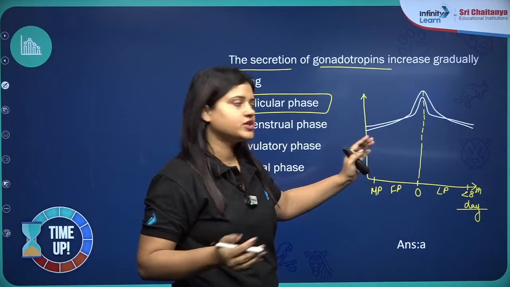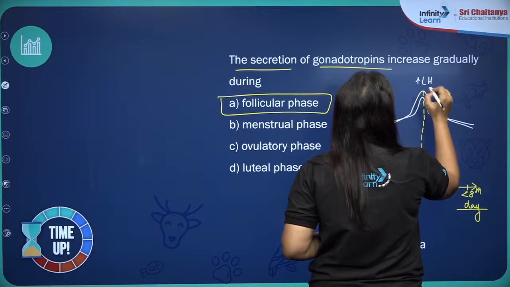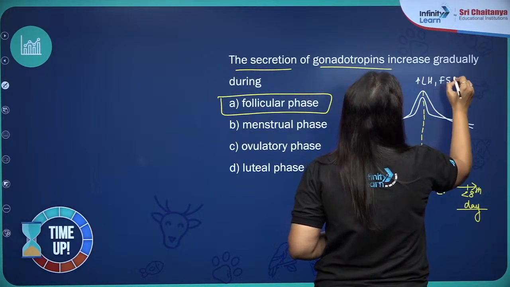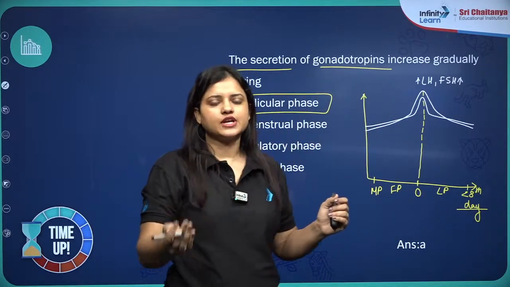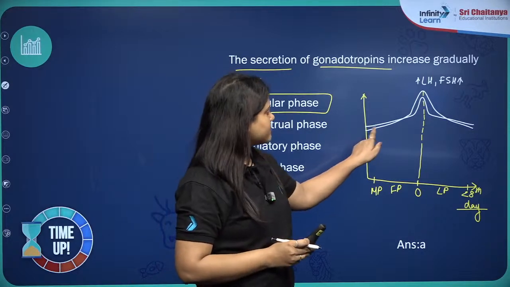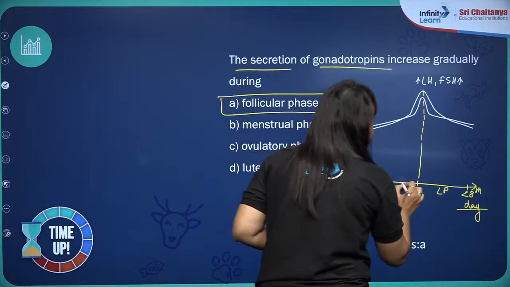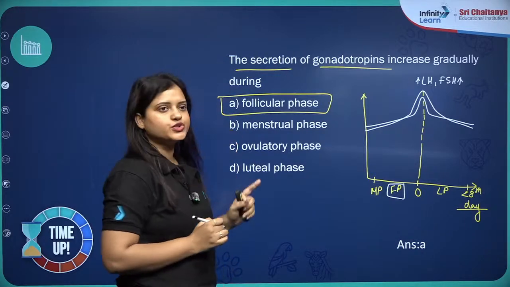Okay, so for ovulation it is important that there is an LH surge, that means an increase in the level of LH. There should be an increase in the level of FSH as well, and we also know that an increase in estrogen is also necessary when we talk about ovulation. So the FSH and LH levels you can see are increasing at the time of the follicular phase, so that's why the correct answer should be A.